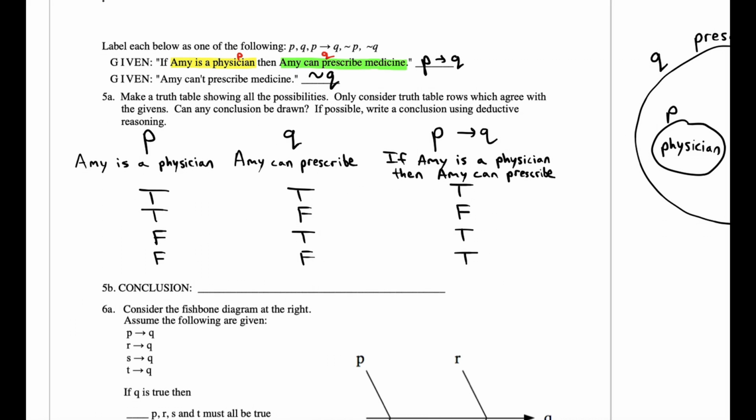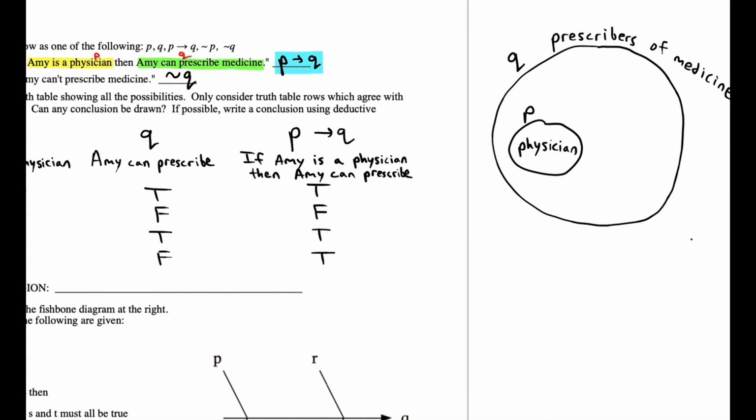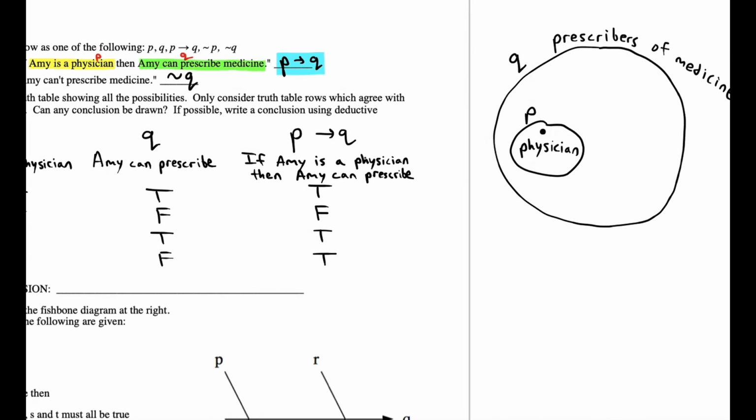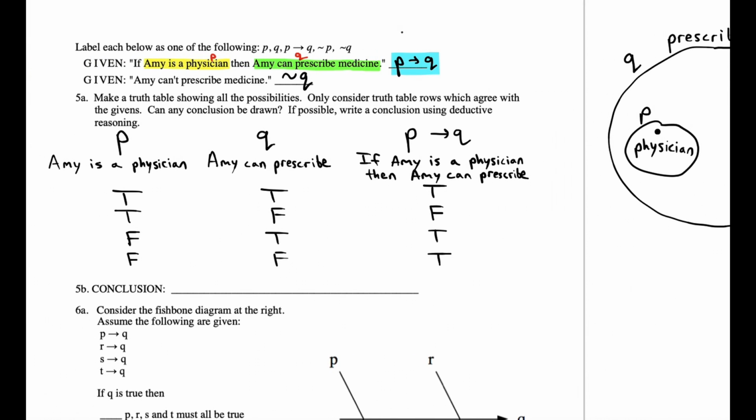What we want to do is circle the situation that Amy is in. One thing that was given was that P leads to Q. So being a physician does entitle someone to be able to prescribe medicine. That's what we see in the Venn diagram. If you're a physician, you're automatically in the prescriber bubble. So this is considered a premise of the argument.